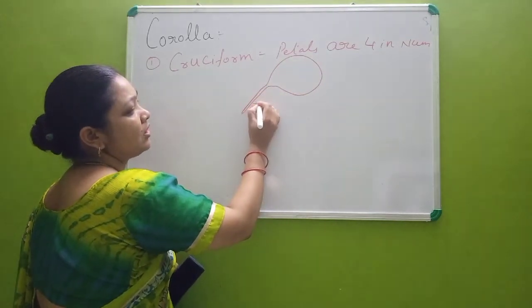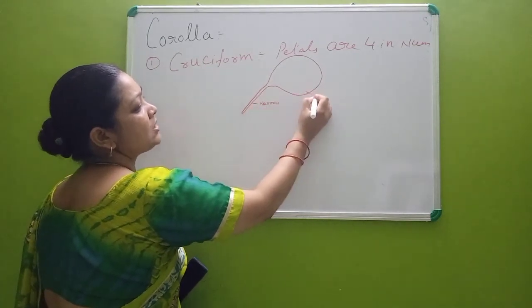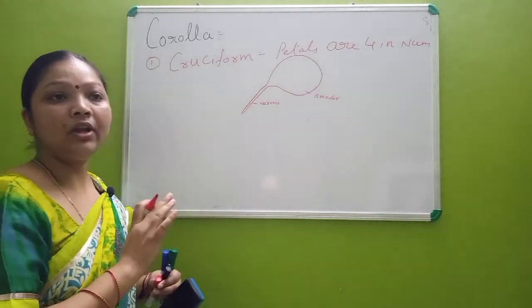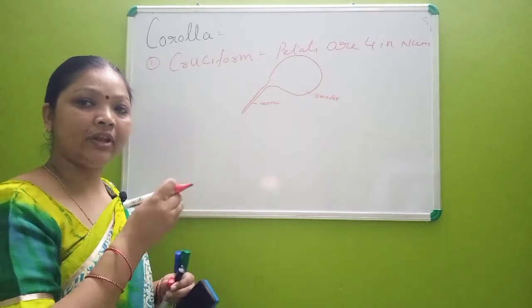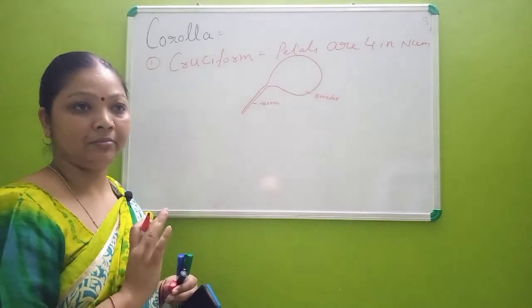This is the narrow part and this is the broader part. These petals are 4 in number, each with a narrower part and a broader part.